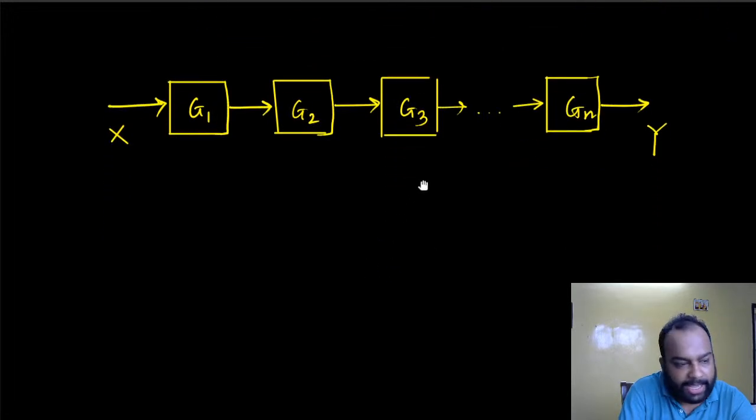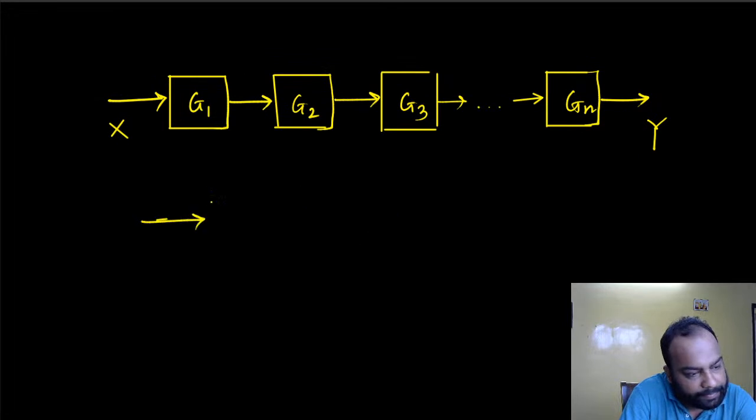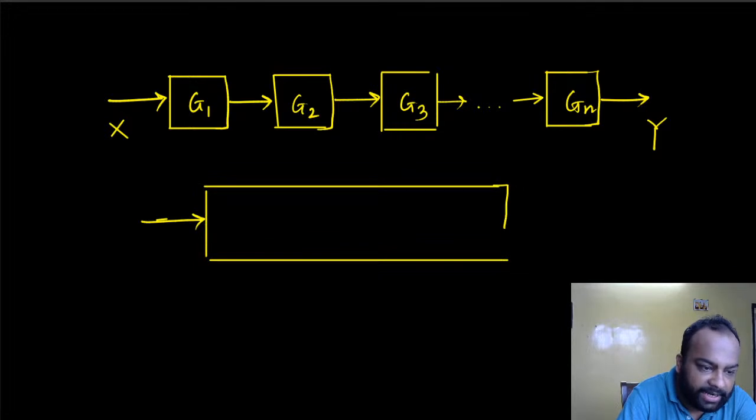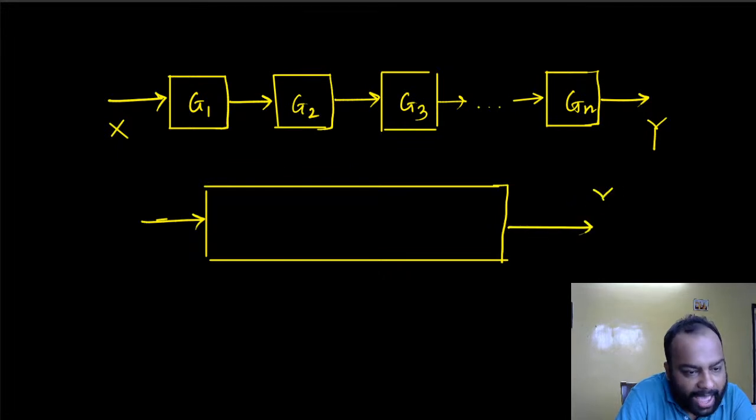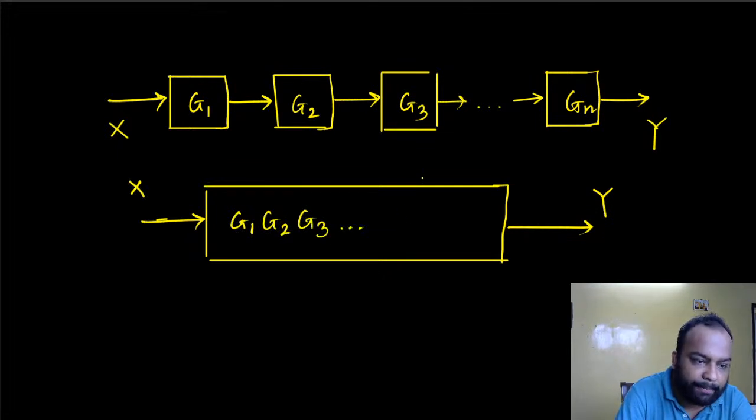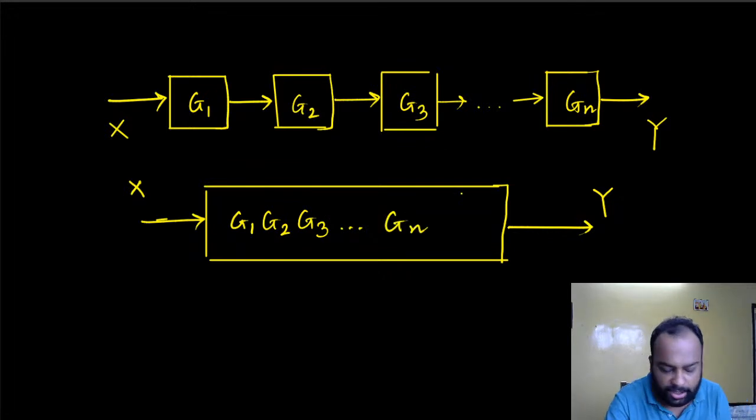In that case, of course, the equivalent system would simply be represented by the product of the individual transfer functions. So essentially you can understand that the output here is G1x, the output here is going to be G1, G2x, and so on and so forth. So essentially what we have is an equivalent system that has a transfer function represented by the product of all the individual transfer functions. So that's a simple corollary that you can figure out from the original theorem that I just said. So this is cascade configuration.